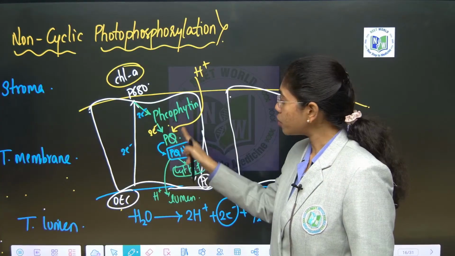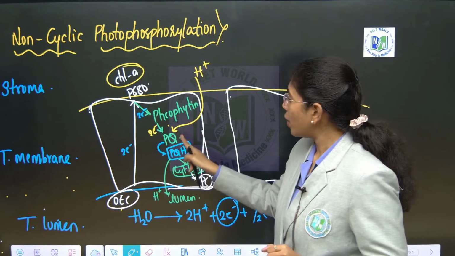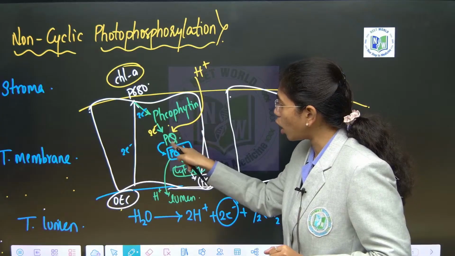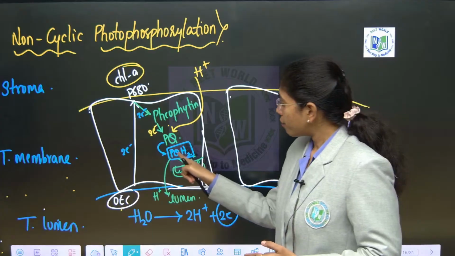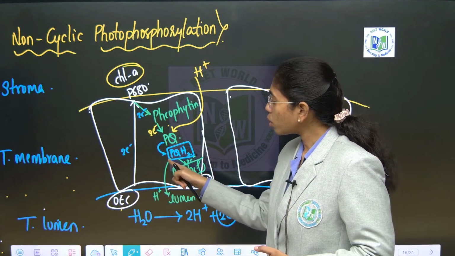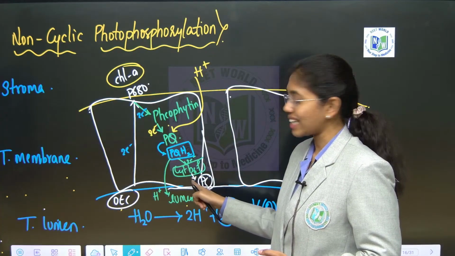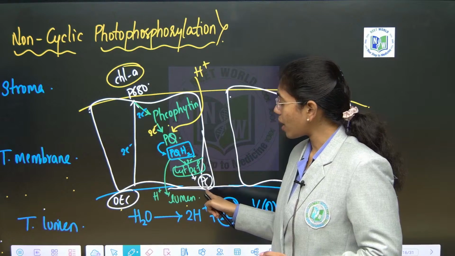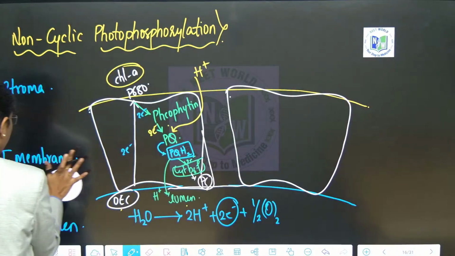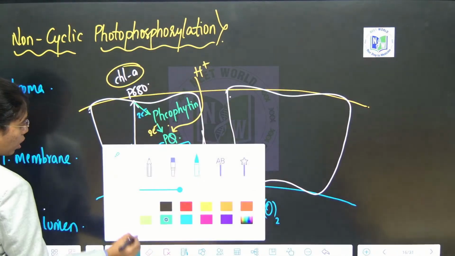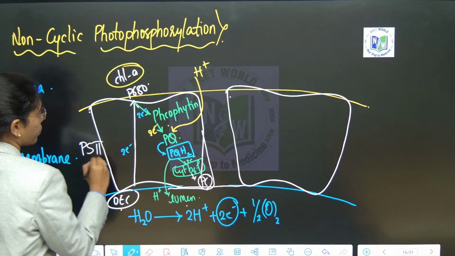Pheophytin will transmit the electrons not to an electron acceptor but to a proton acceptor, where plastoquinone will take the protons from the stroma and this gets converted to plastohydroquinone. From this PQH2, protons are pumped to the lumen, whereas electrons are given to the cytochrome B6F complex, and the last electron acceptor of photosystem 2 is plastocyanin. Okay, plastocyanin is the last electron acceptor of photosystem 2. This is photosystem 2. Fine, right?